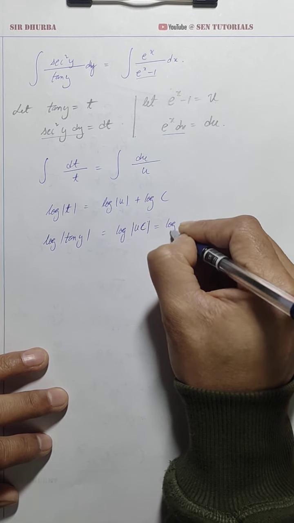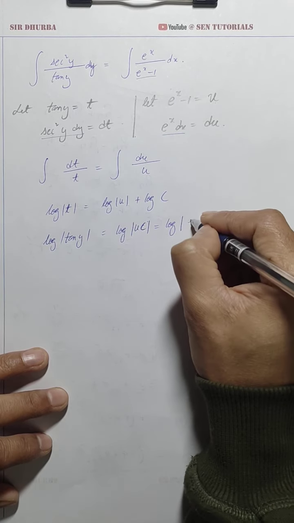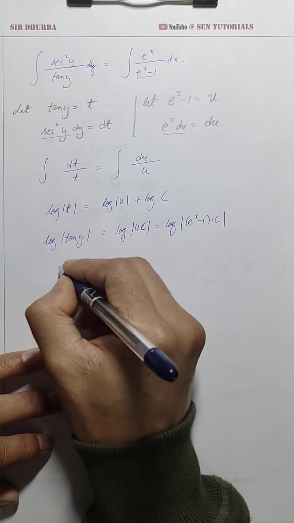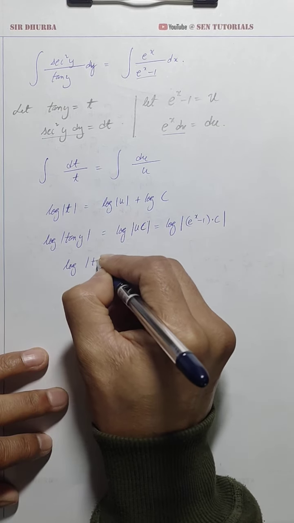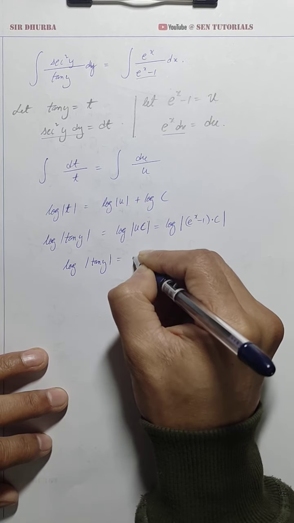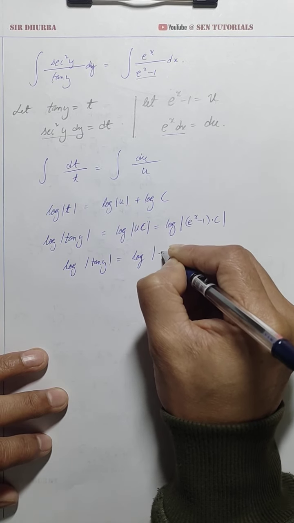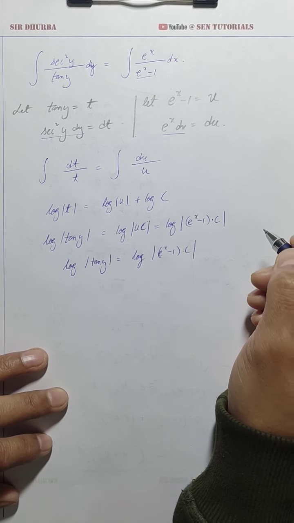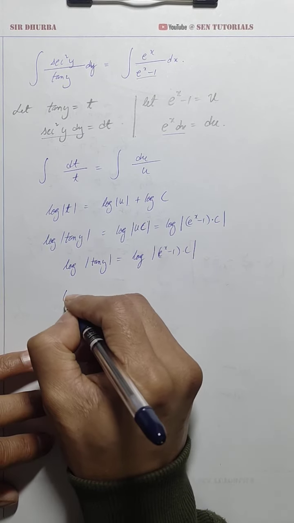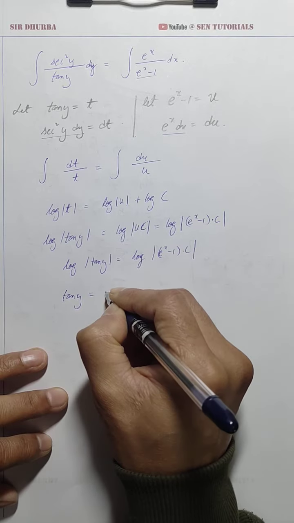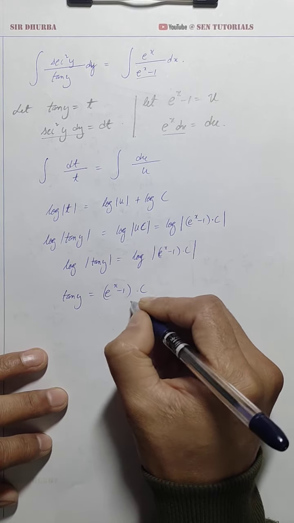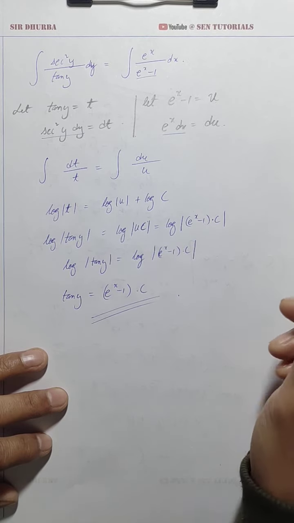What was the value of u here? e power x minus 1 into c. So tan y equals log of e power x minus 1 into c. By taking anti-log, we have tan of y equals e power x minus 1 into c.